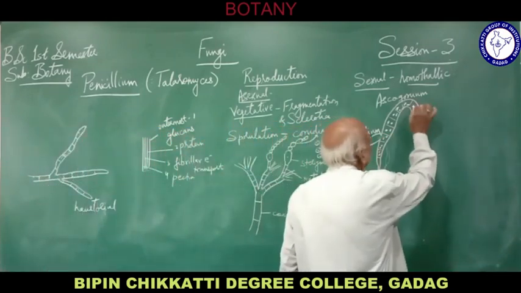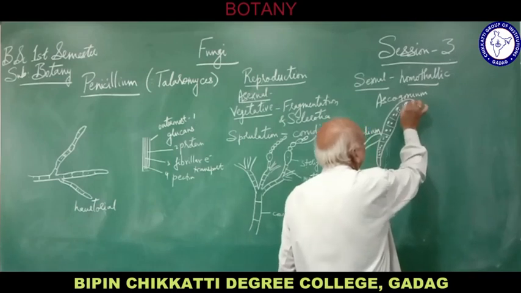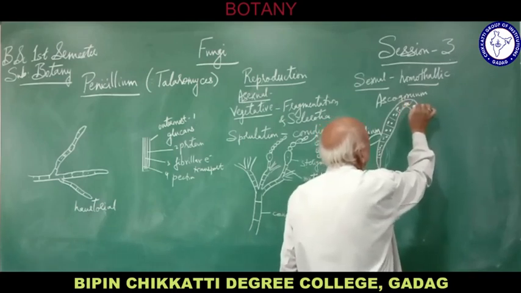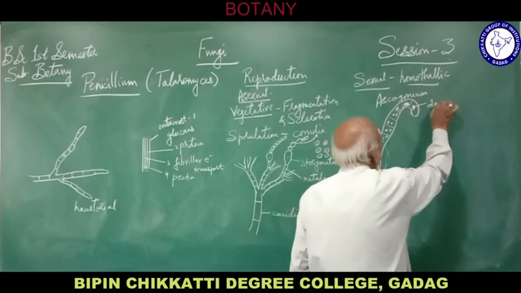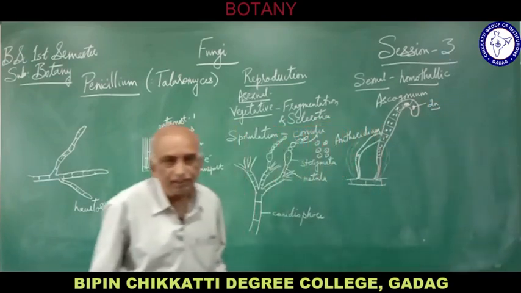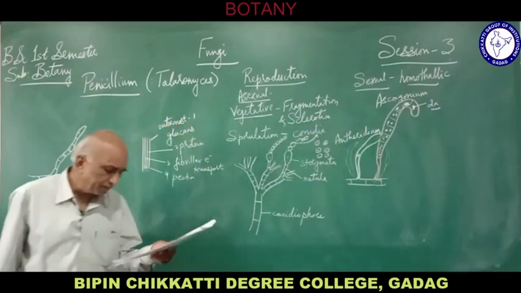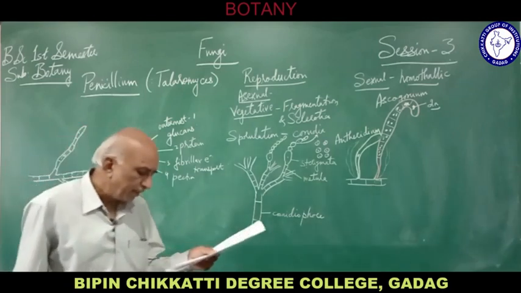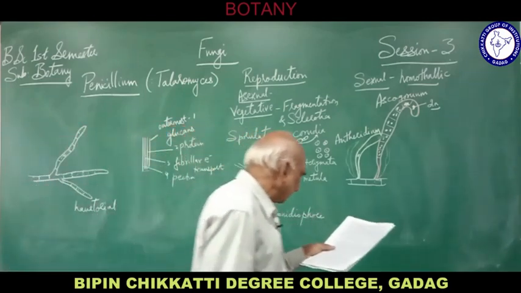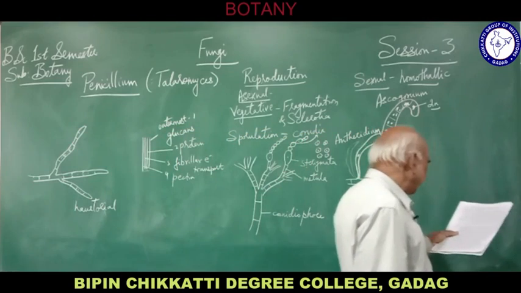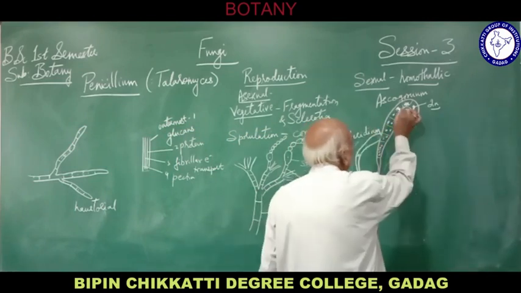So in the tip of the cell, they fuse to form a diploid nucleus, in the ultimate cell, that is the tip of the ascogonium, and the penultimate cells of the ascogenous hyphae also fuse.